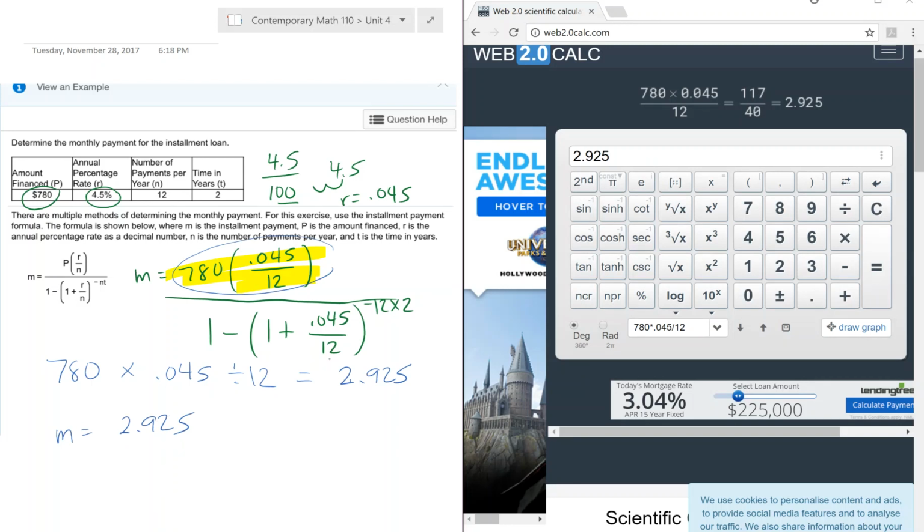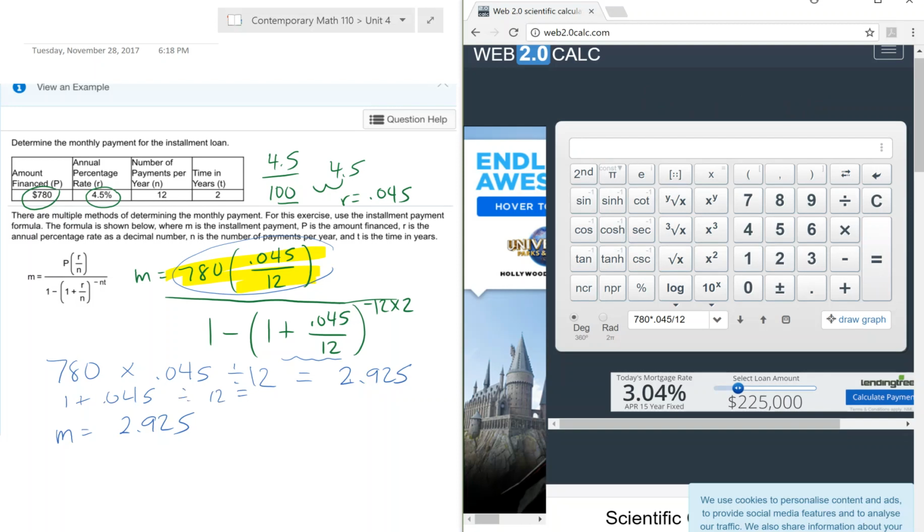Now with the denominator, you need to remember order of operations. So to make this calculation work out, to avoid any mistakes with the entry, I would solve inside of the parentheses first. Okay, so I would type 1 plus 0.045 divided by 12 equals.